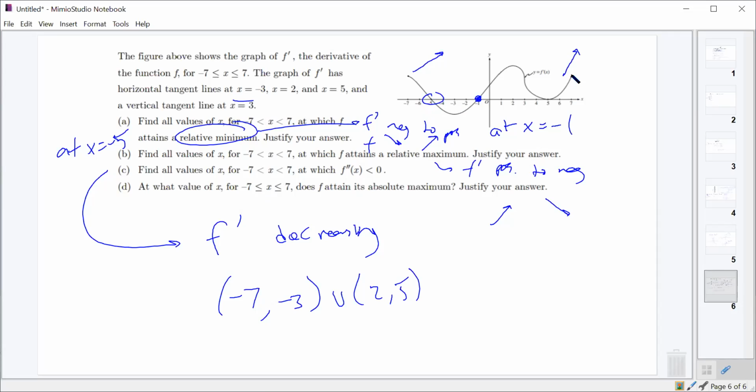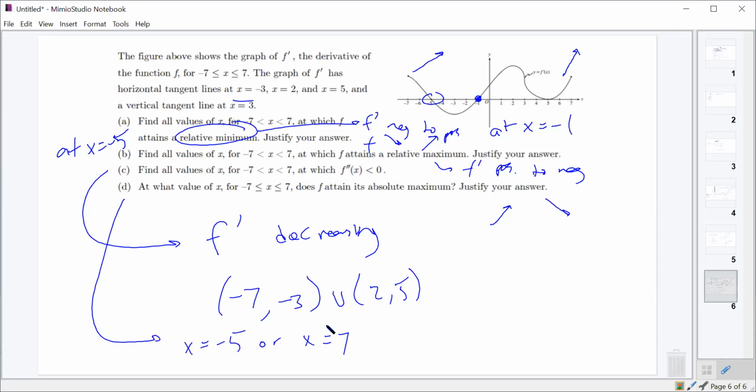And then we also have a local max here at +7, right? Because our function's derivative is positive, so the function is increasing until we get to 7. So part D is either x equals -5 or it's x equals 7.